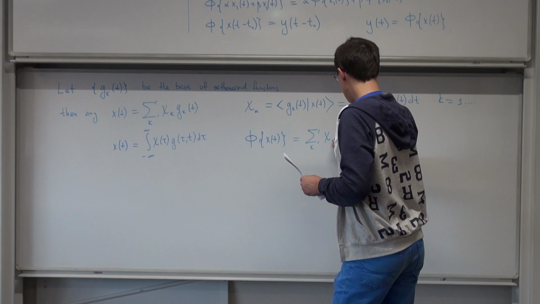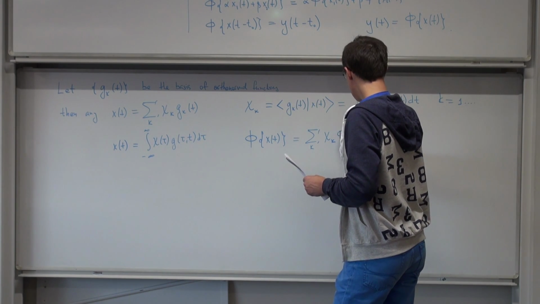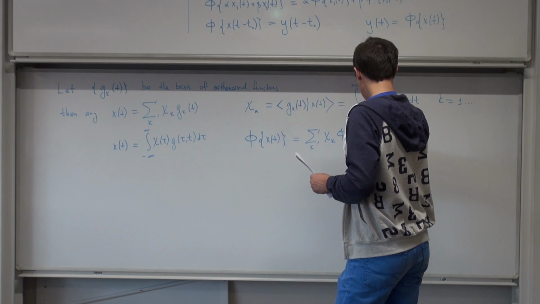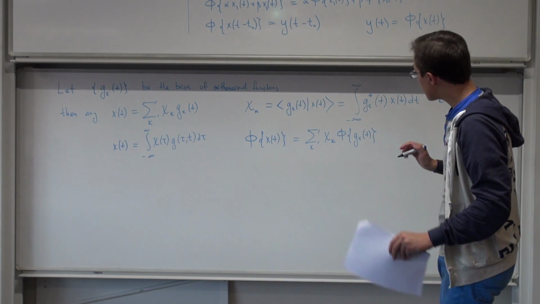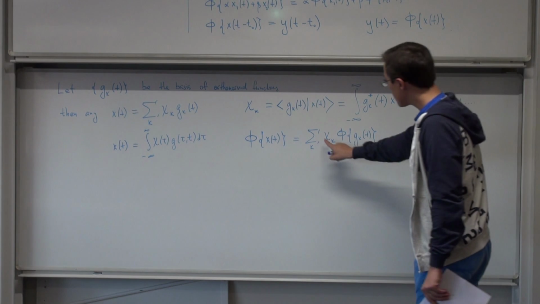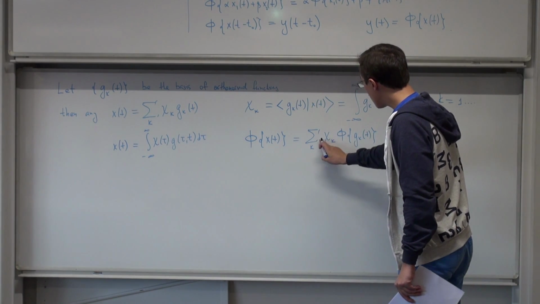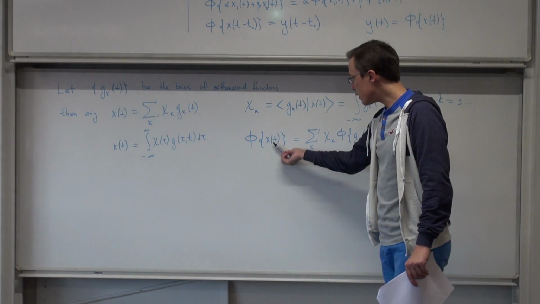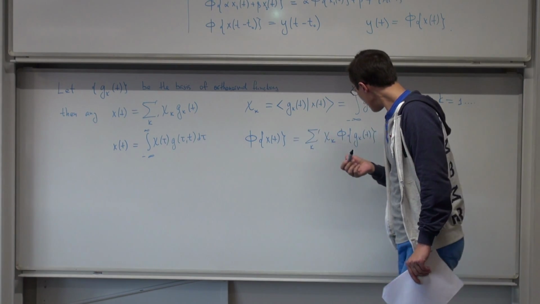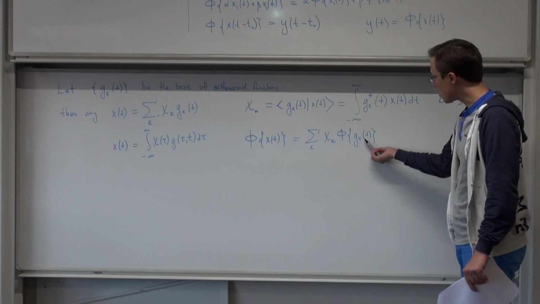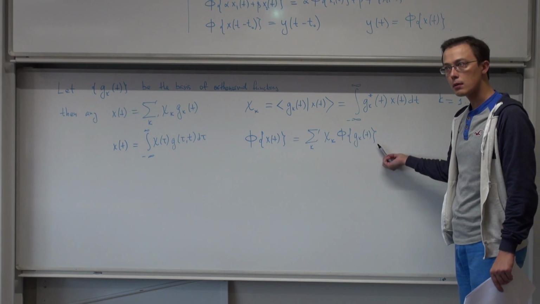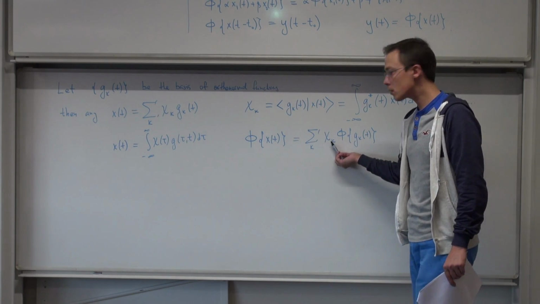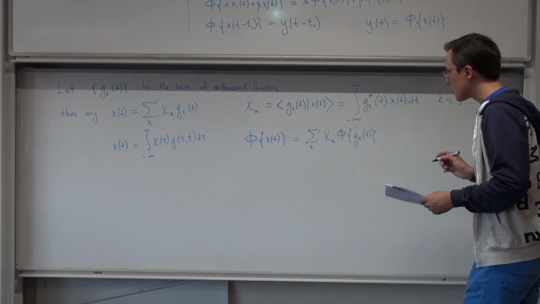So phi k phi g k of t. Now you can see the interesting conclusion here is that in order to predict the system response to any function whatsoever, it is sufficient to know its responses to basis functions.